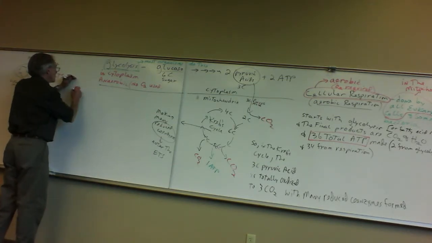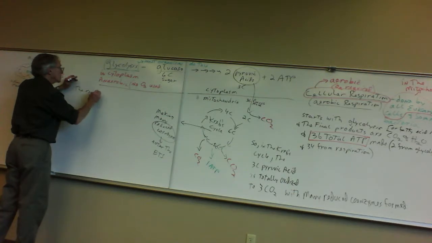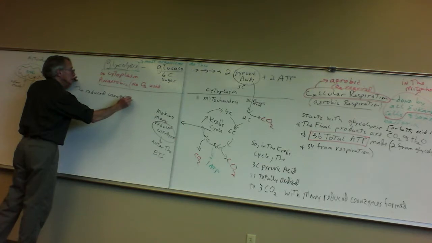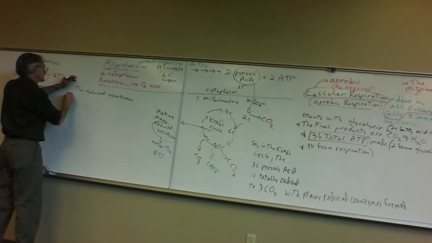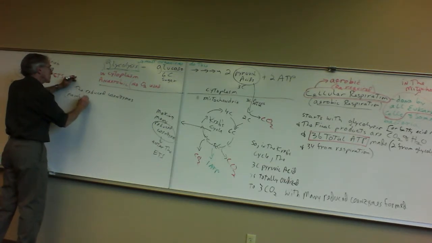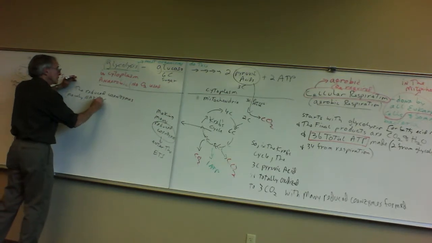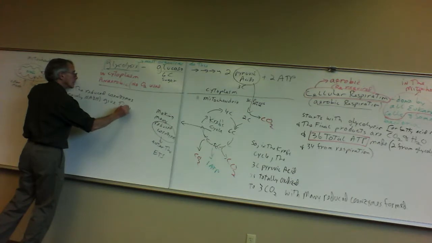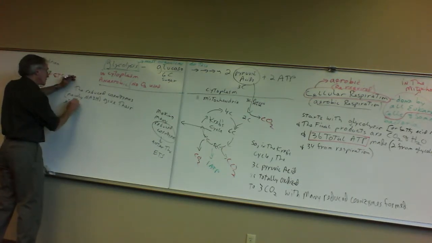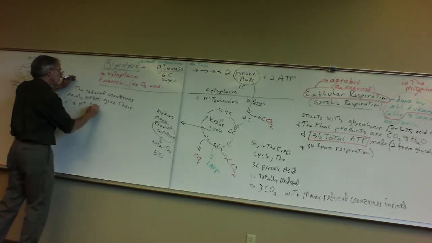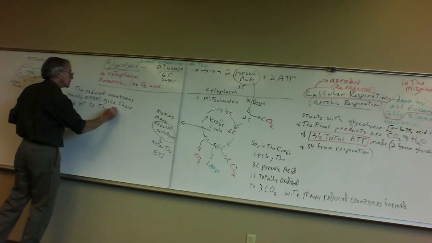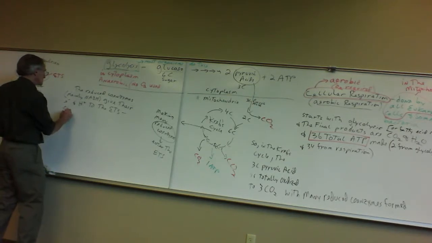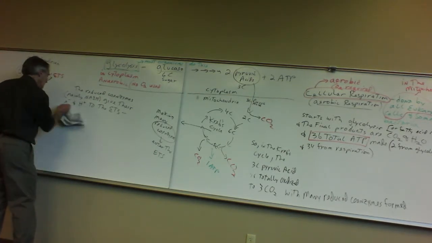So the reduced coenzymes, mainly NADH, give their e minus and H plus to the ETS, and ETS stands for electron transport system.